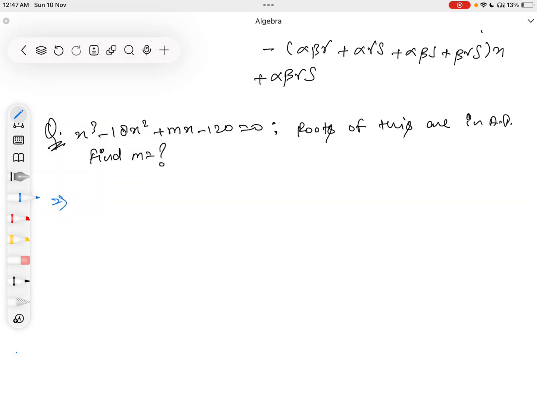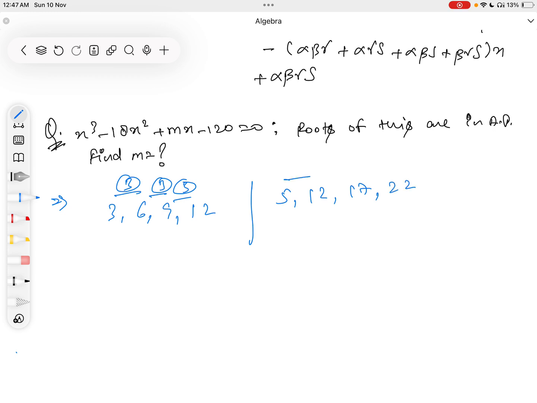Firstly, I hope that you know what an AP is. Whenever a series of numbers have the same difference, then it is called an AP. So let's say I have 3, 6, 9, 12. So here you see difference 3, difference 3. Let's say 5, 12, 17, 22.